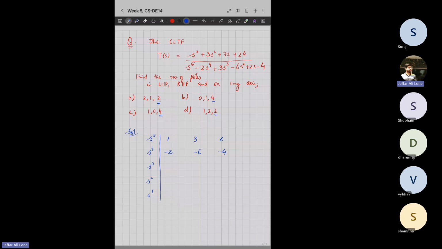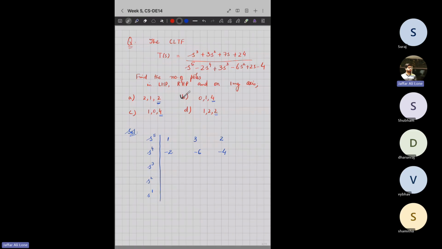Anybody else coming up with the answer? Shamita, can you tell me? 014? Okay, Suraj is saying 014, so option B. Anybody else with this option? Option B. Very good. Yes, option B is the correct answer.